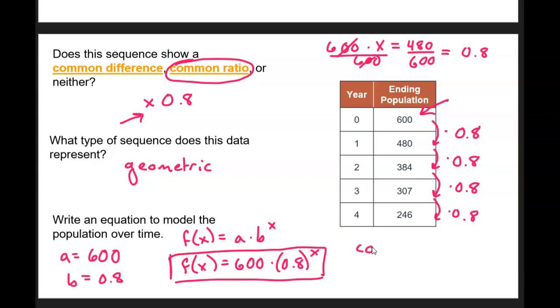So if our common ratio is less than 1, then the sequence is decreasing. And that's specifically for geometric sequences. We look at the common ratio and see if it's greater than 1 or less than 1.